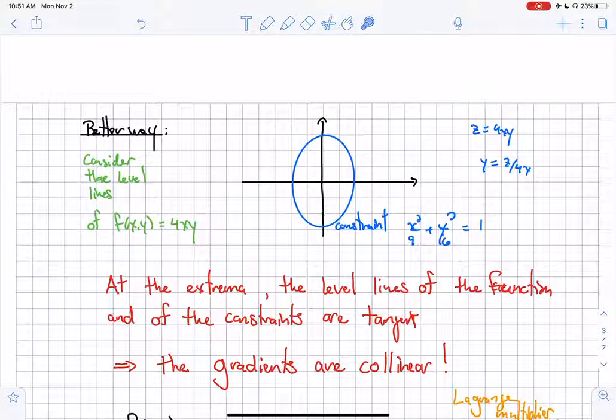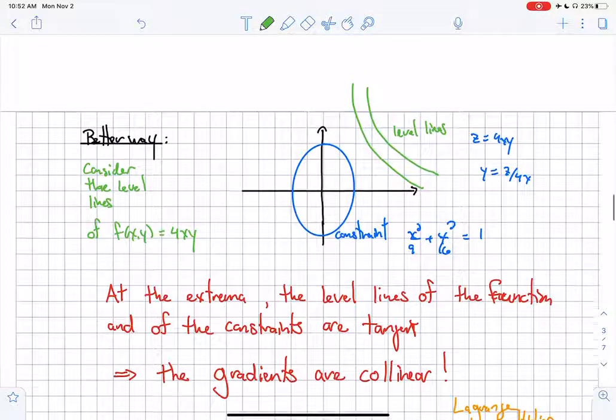And now I will work with level lines of that function. The level lines of this function are like hyperbolas but diagonal. They approach like this. Those are the level lines. Now, think of those level lines as being very high.